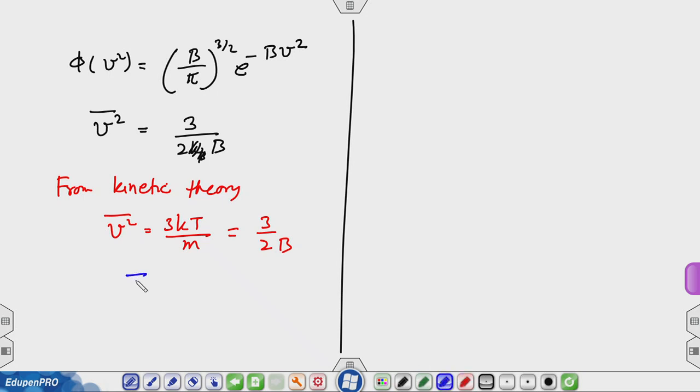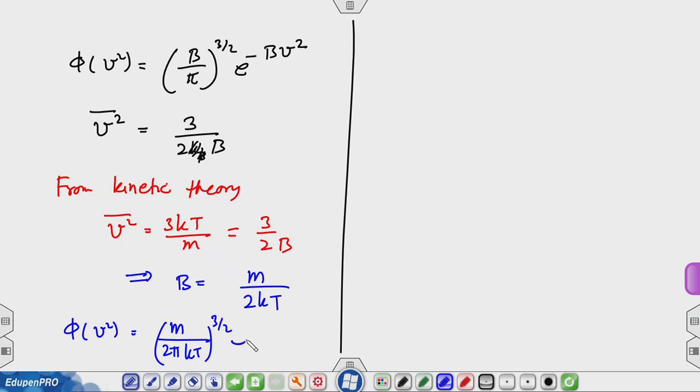And this gives you b equals m over 2 kT. And therefore, phi(v square) is equal to m over 2 pi kT raised to 3 by 2 e raised to minus m v square over 2 kB T. That's the Maxwell velocity distribution.